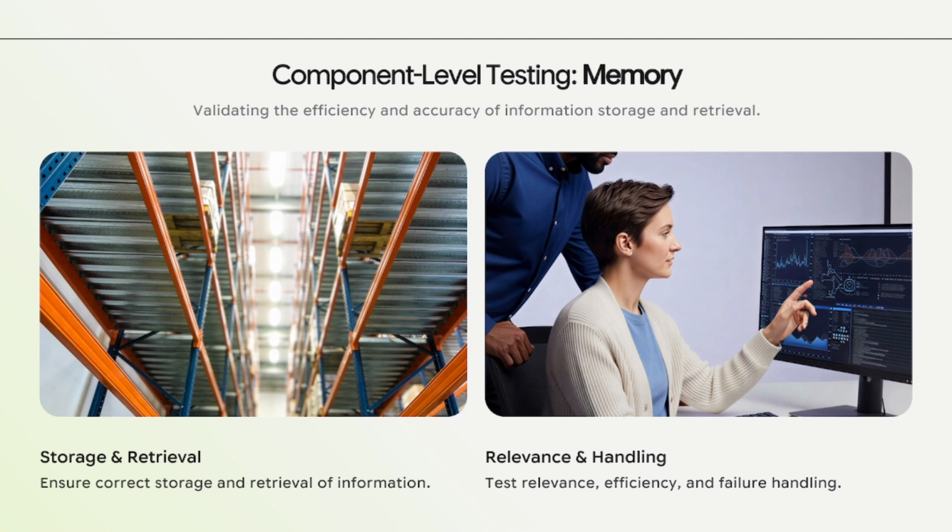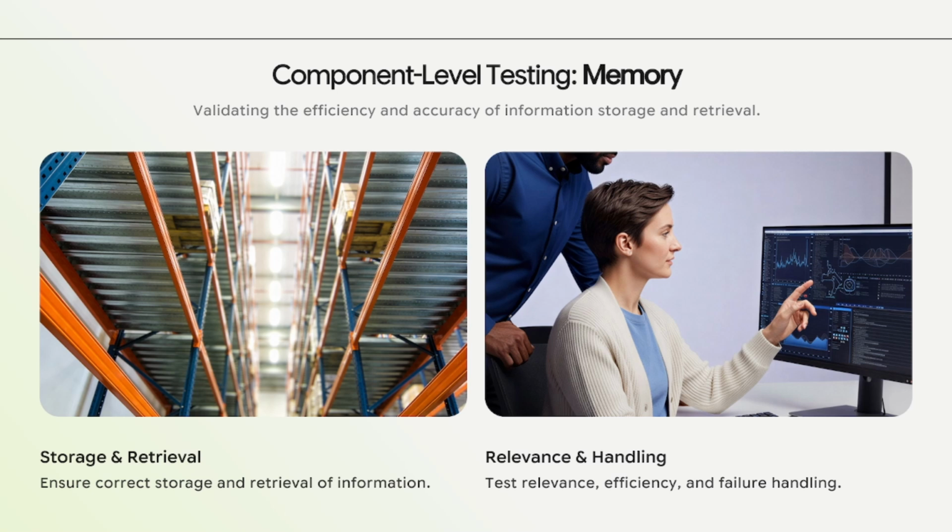Component level testing, which is memory. To implement testing for memory, implement storage and retrieval, that is, ensure correct storage and retrieval of information. Make sure correct information is retrieved from the correct storage.